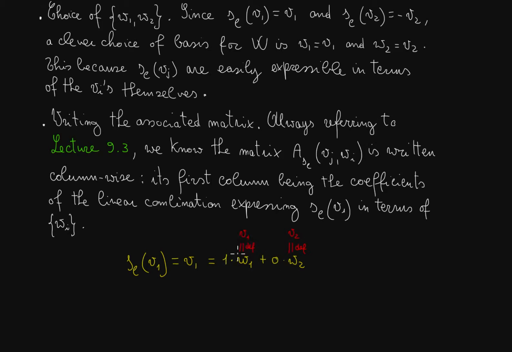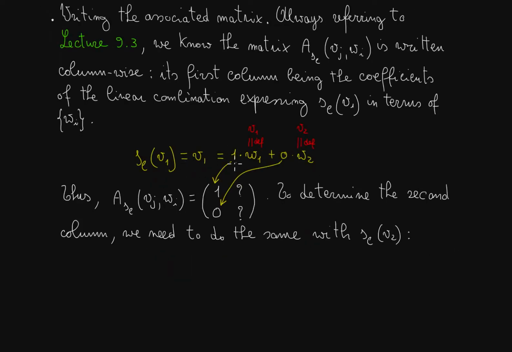We don't need to do any computation. We don't need to solve any system of linear equations. We can see it just immediately. These two coefficients, 1 and 0, form the first column of the associated matrix: 1, 0.